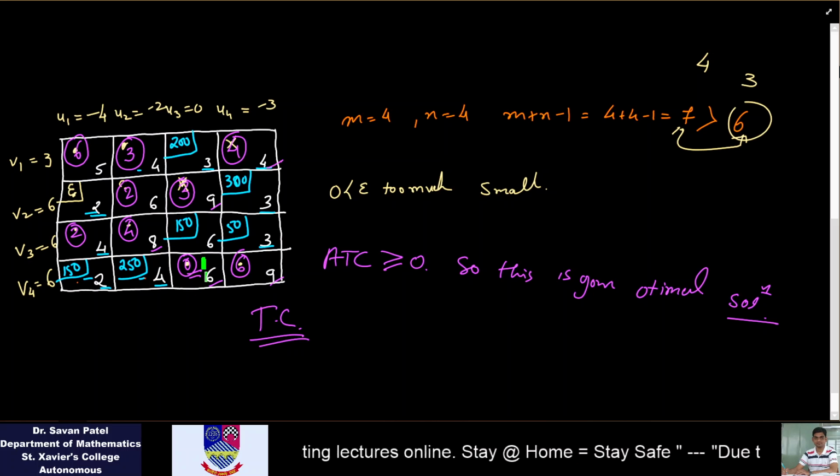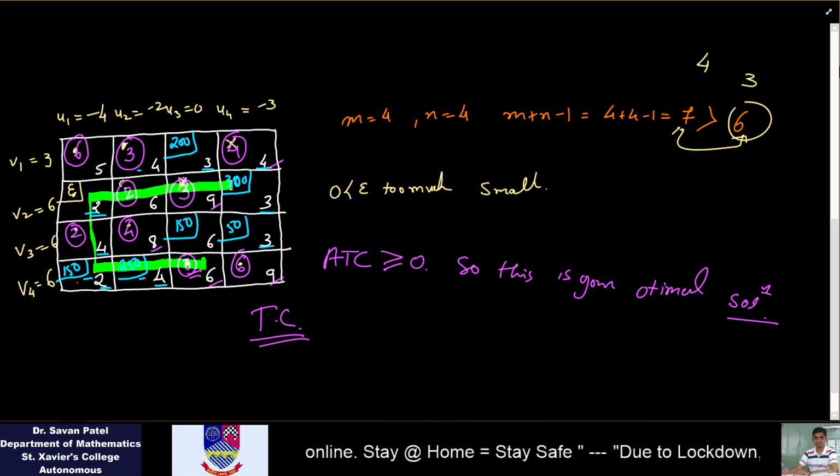So if you start from here, you have a way to come here, and then there is no possible loop from here to come here, then come here, here, and then come back. So from here, I am coming to here, then here, here, and come back. Okay.